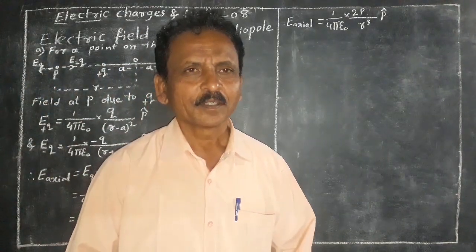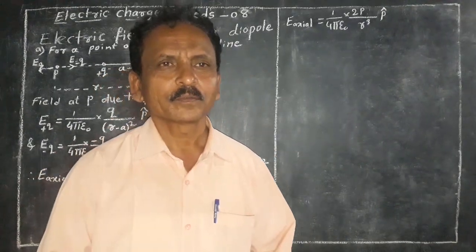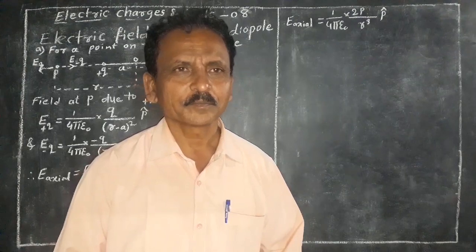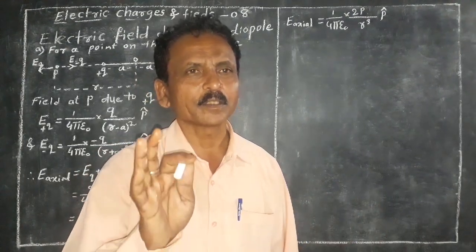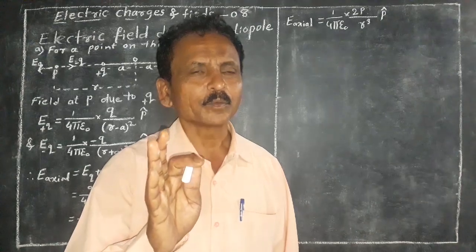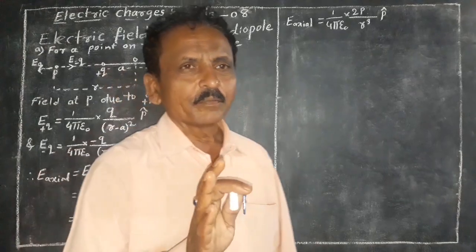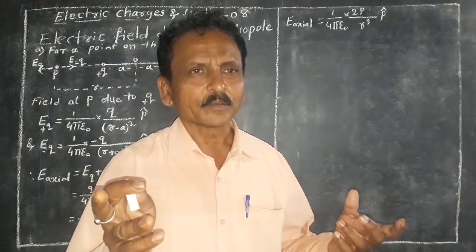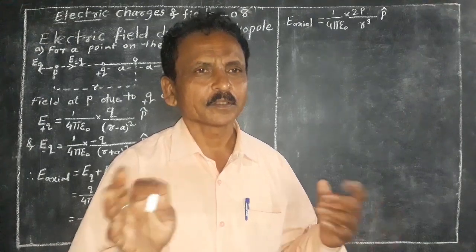Patil. In the previous class we have discussed the properties of electric field lines. An electric field line is an imaginary line along which a test charge can move in an electric field. Electric field lines are straight lines for an isolated charge and curved for a system of charges.